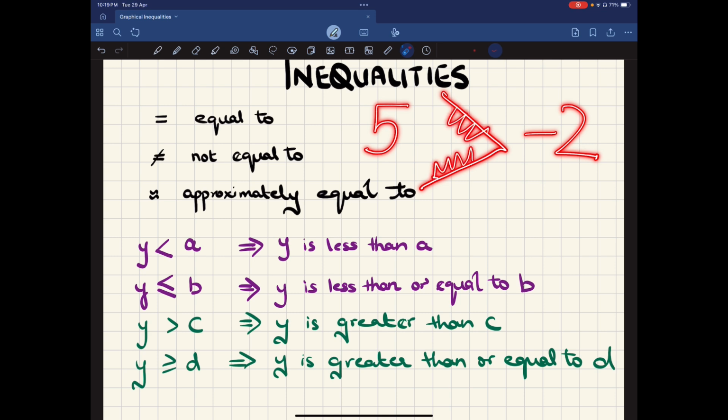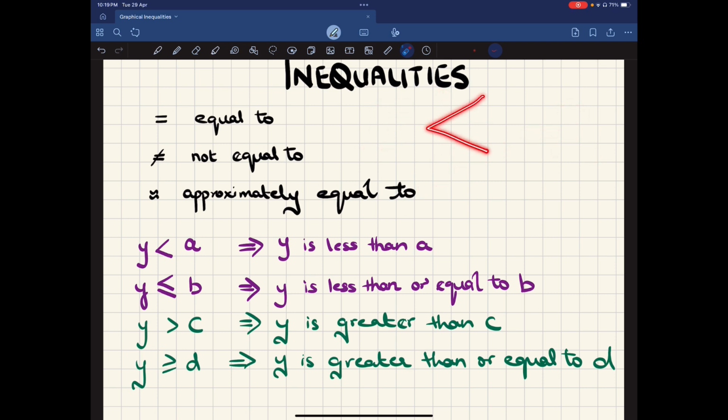If you have any confusion in placing the less than or greater than sign, just remember this trick of the alligator mouth: the alligator will always eat the bigger number. So a is obviously greater than y because the alligator is eating a up. So y is less than a. Here y is greater than c. Why? Because the alligator is eating y up.